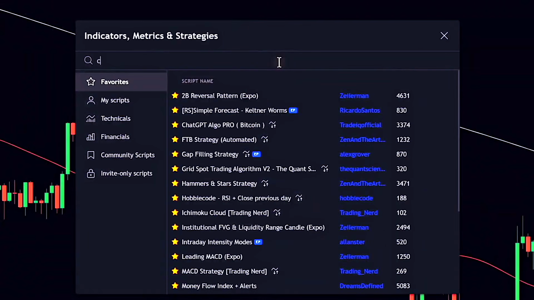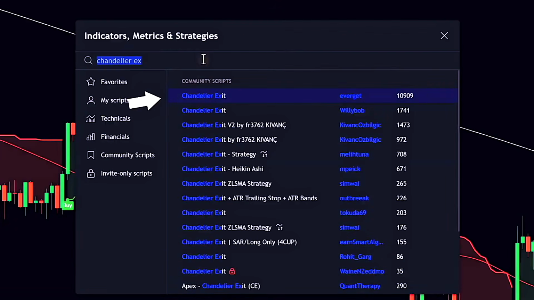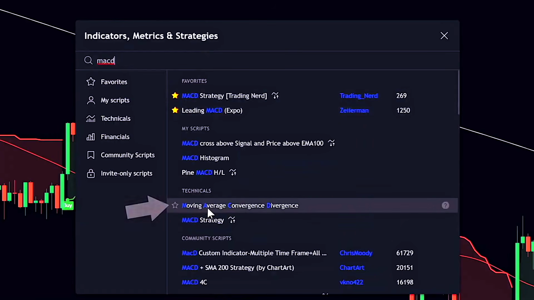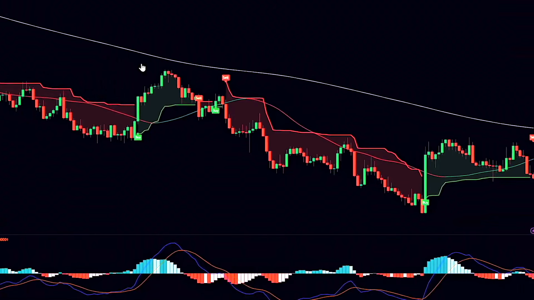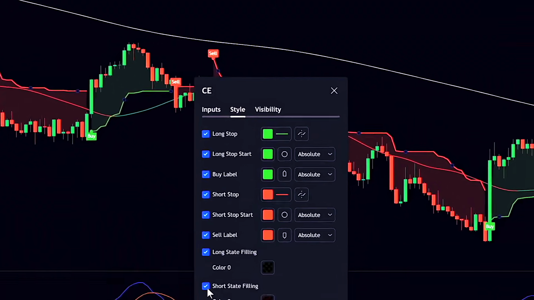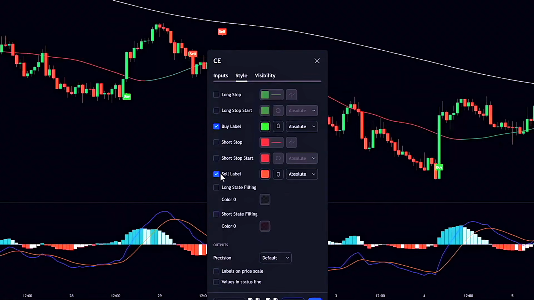Now, search for Chandelier Exit by Everget. And the standard MACD. For Chandelier Exit, deselect all style options except buy-sell labels. Set buy labels below bars and sell labels above.